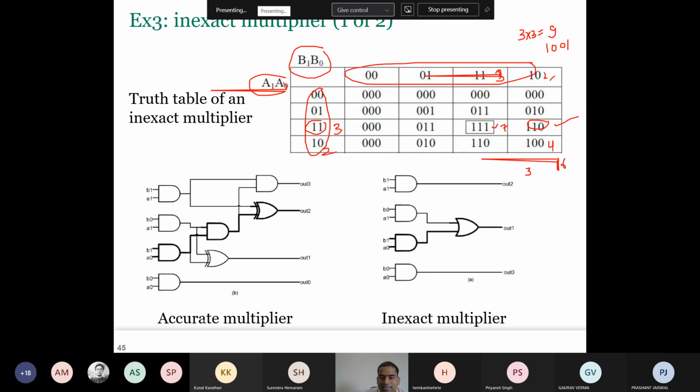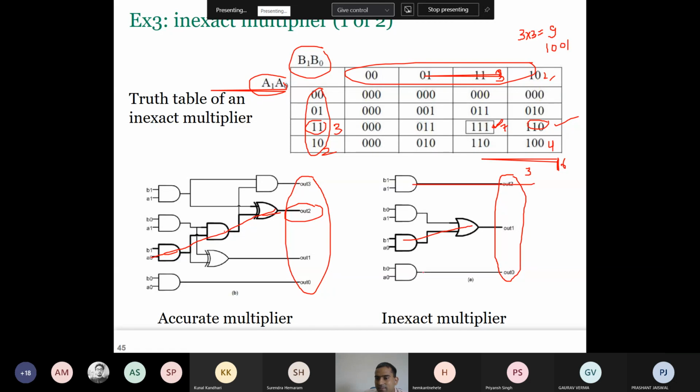So here you can see this is the accurate multiplier where I need to generate four output bits. And here, this is the inexact multiplier where I need to generate only three output bits. And here, how much is the largest gate count? 1, 2, 3. That means to generate out 2 will be the slowest, because this signal has to propagate through three gates, whereas here just 2 gates.